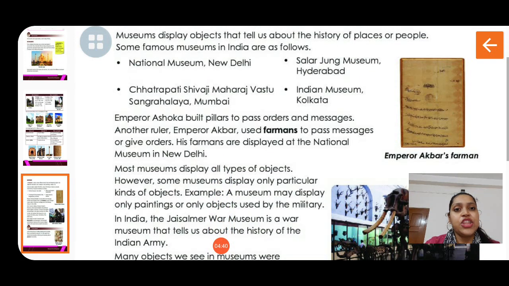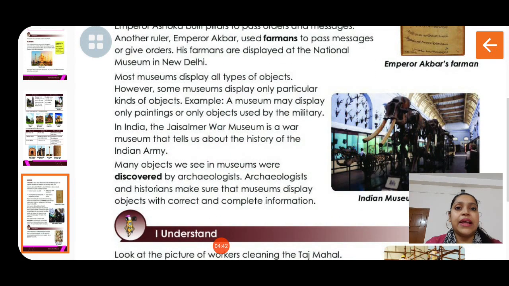Then children, we come to know that a museum may also display only paintings or only objects used by the military. Like in India, the Jaisalmer War Museum is a war museum that tells us about the history of Indian Army. Not various items are displayed, only one particular type of object is displayed.